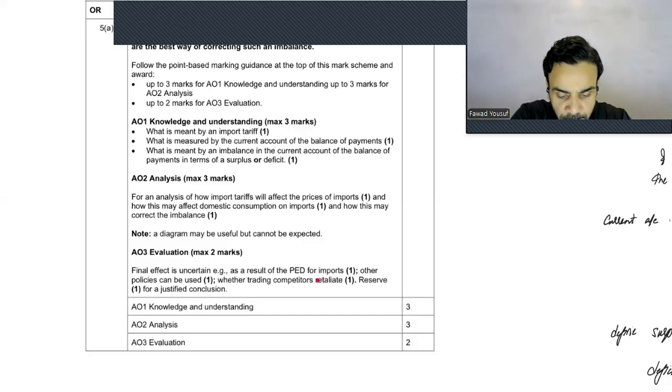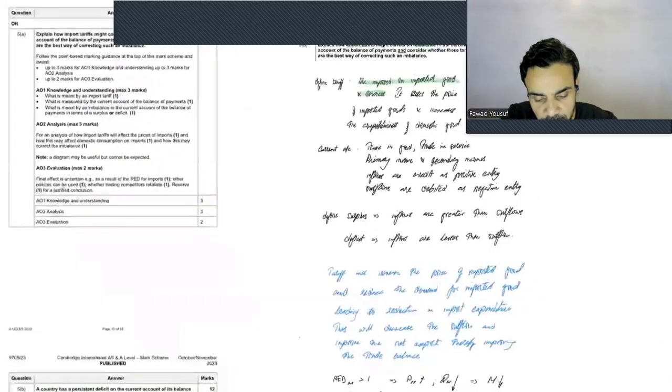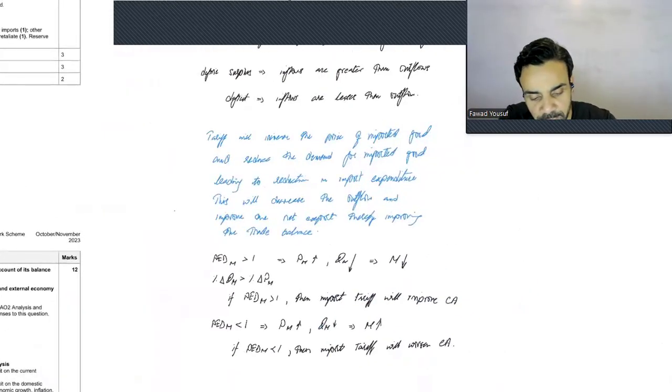So whether trading competitors retaliate. Basically, जब हम कहते हैं ना कि tariff से imports reduce हो जाएंगे तो current account may improve, but please keep in mind, I haven't mentioned it over here, but tariff के लगाने से when other countries retaliate, that may end up hurting your exports. तो जहां हम एक बात करते हैं that price of import बढ़ने की वजह से imports की quantity गिर जाएंगी and import expenditure कम हो जाएगा.